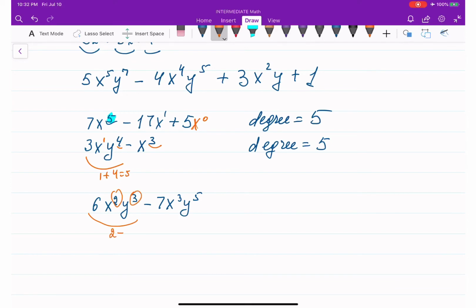So 2 plus 3 is equal to 5. This term has degree 5. And this term has degree 3 plus 5, right? Equal to 8. So the degree is going to be the highest one, 8. There we go. And so on. So you have to count the degree of every single variable you have in there.